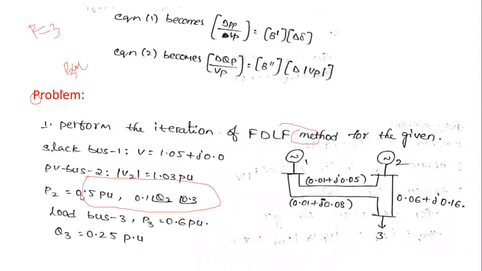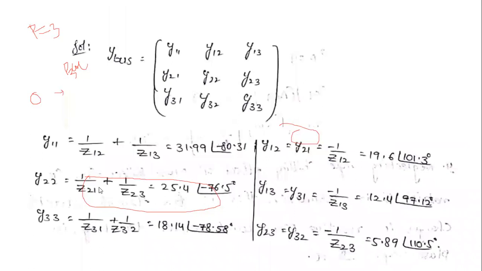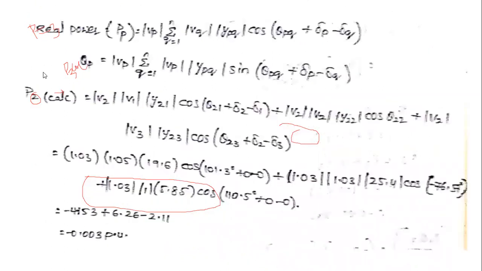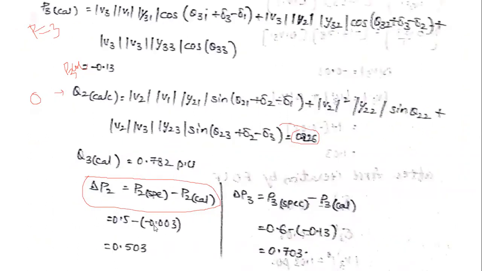This is the specified value, that is 0.5. Substitute this value in this formula. P2 specified is equal to 0.5 minus P2 calculated. This is the P2 calculated value, minus 0.03 per unit.